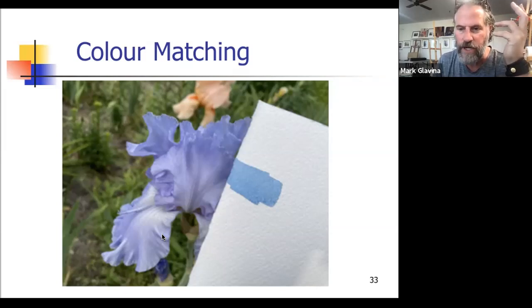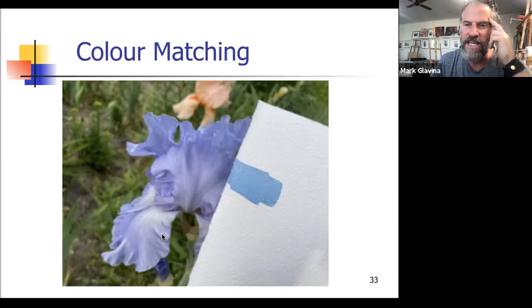In watercolor you want to let the water do the walking and let two colors merge. And why I like to teach the color wheel and mixing your own secondaries when possible is because you can see within this flower that range. It's not all the same.